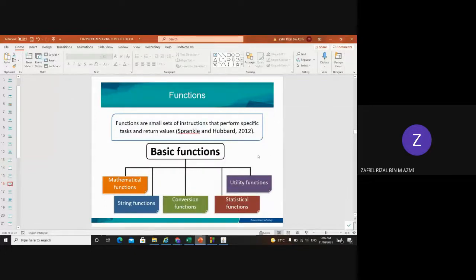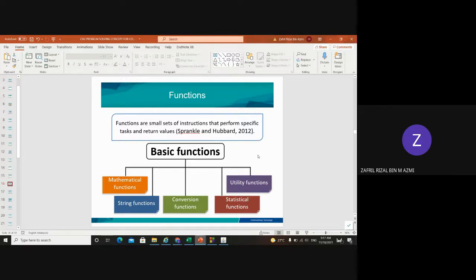As I mentioned earlier, there are two types of function. First is a predefined function. A predefined function is a function we get from the programming language library. Like just now, if it is C++, if you want to print, we call cout. If it is Java, we call system.out.println. If it is C, we call printf.